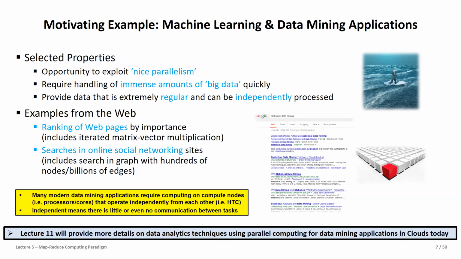These are problems where there is a lot of data, but in a way it's regular. The links that you see here, for instance, for performing ranking of web pages, are a very regular structure, and you can independently process this using, for instance, as we discussed in one of our previous lectures, our scalable Spark example. And we will talk about these data analytics techniques in lecture 11 much more than today.